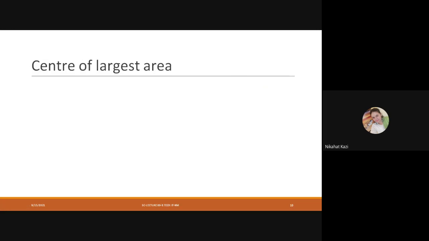Next is the center of largest area. What is center of largest area? Whenever you are having a non-convex fuzzy set as your output, if the area that you're considering is non-convex, then you use center of largest area.